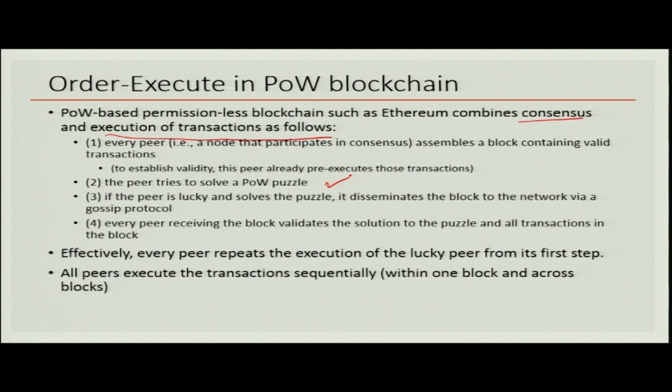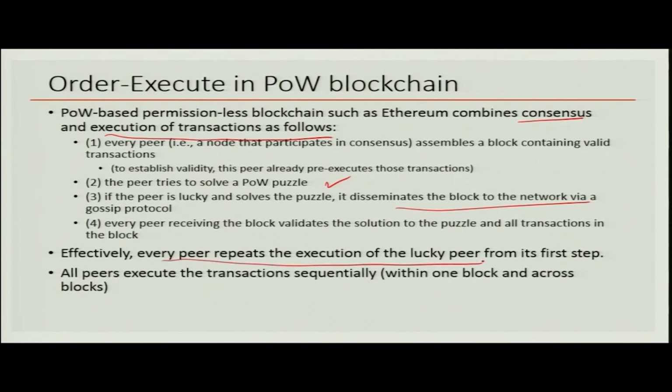The peer then tries to solve the proof of work puzzle, and if the peer is lucky and wins the puzzle, it disseminates the block to the network via gossip protocol, and every peer receiving the block validates the solution to the puzzle and all the transactions in the block, and doing so they have to also execute the transactions.